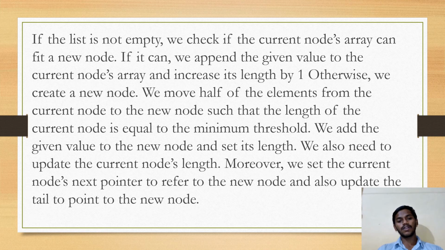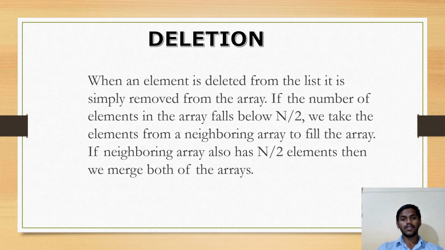We add the given value to the new node and set its length. We also need to update the current node's length. Moreover, we set the current node's next pointer to refer to the new node, and also update the tail to point to the new node.